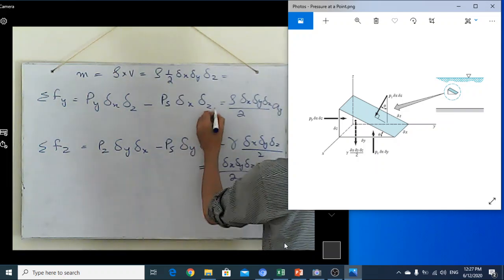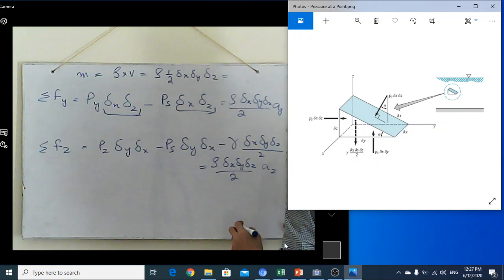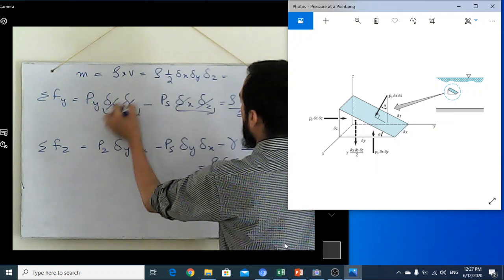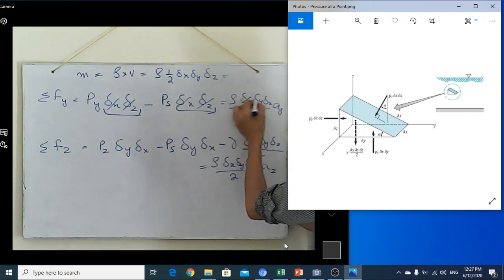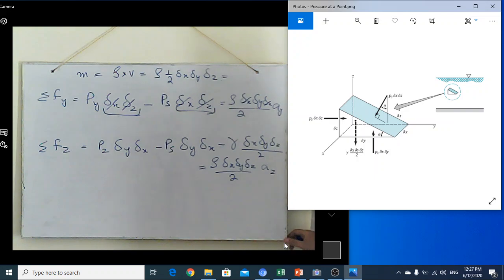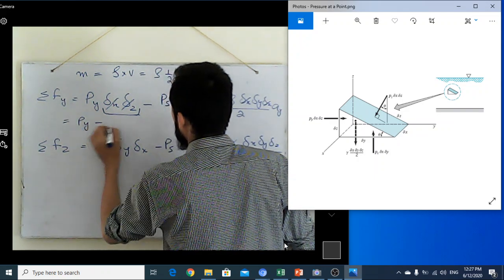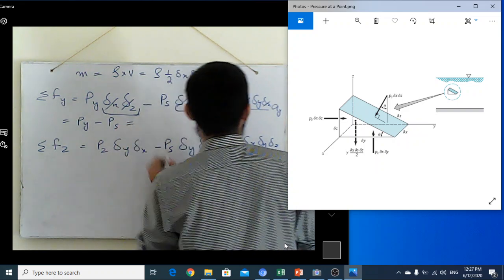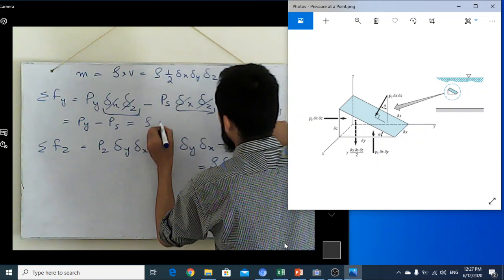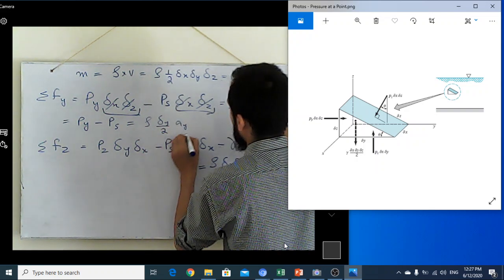Now these are the common factors, so we take them common and cancel them out: delta X and delta Z. So the summation of Fy will be equal to Py minus Ps is equal to rho dy by 2 into Ay.